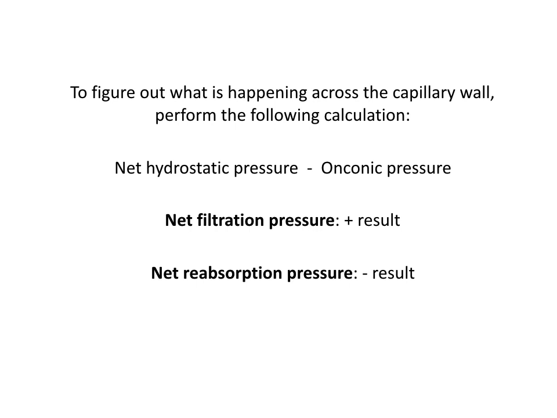Now, if you are filtering, you will end up, after doing this math, with a net filtration pressure, and this net filtration pressure will be a positive value. If you subtract net oncotic from net hydrostatic and you have a positive result, it means your net hydrostatic pressure, your filtration pressure, was the higher value.